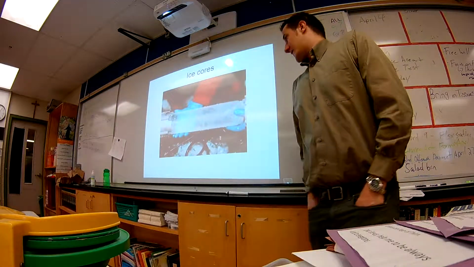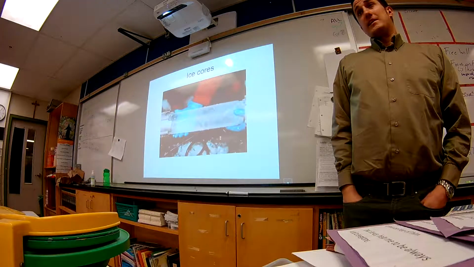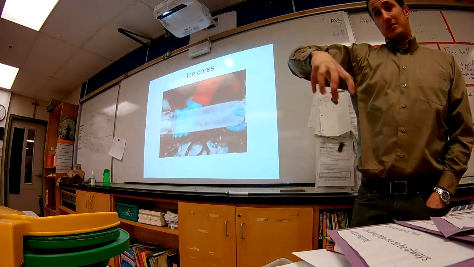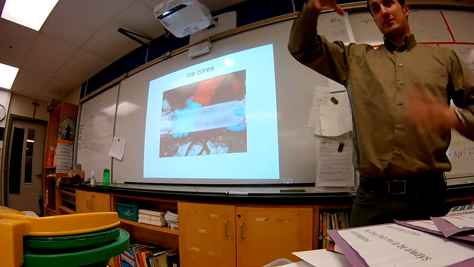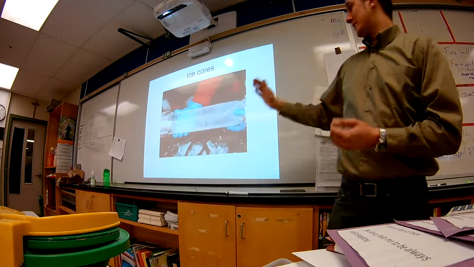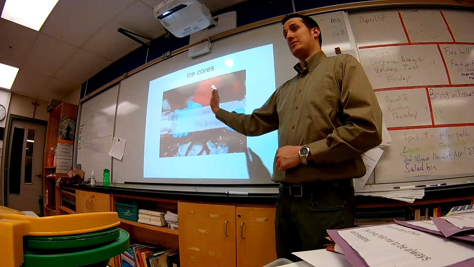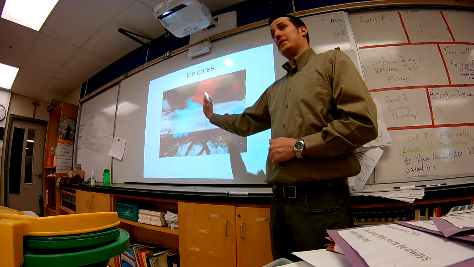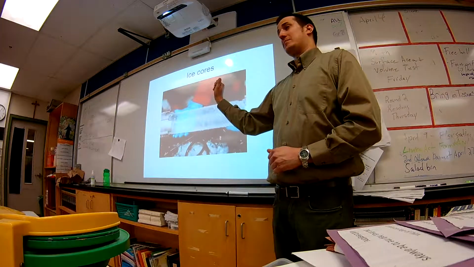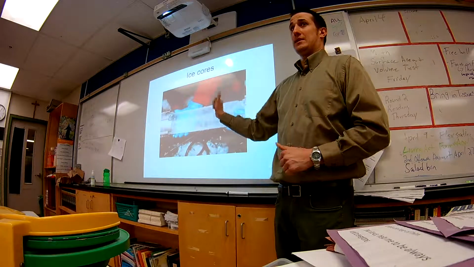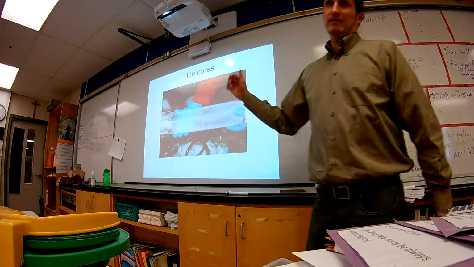And so what these are is they actually go into Antarctica and glaciers, and they drill into the ice, and they take out this core of ice, and it's stratified, and based on oxygen isotope levels within the ice core, they're able to determine past carbon dioxide levels and temperatures up to 400,000 years ago.